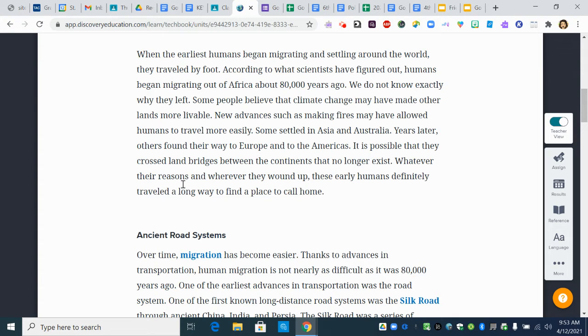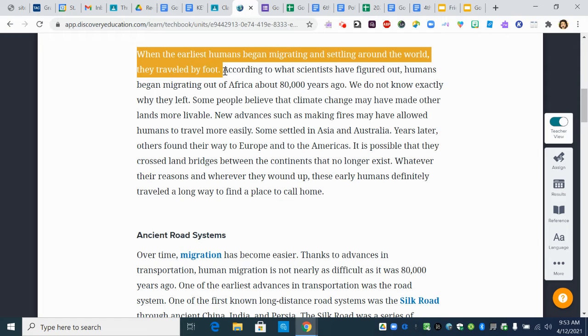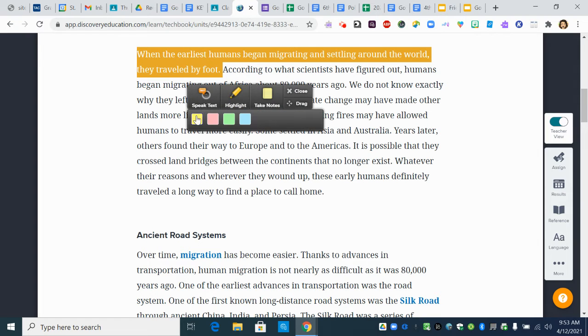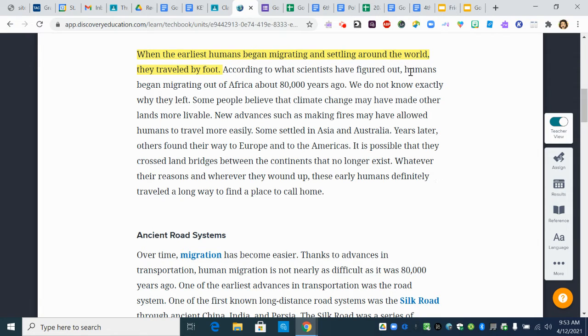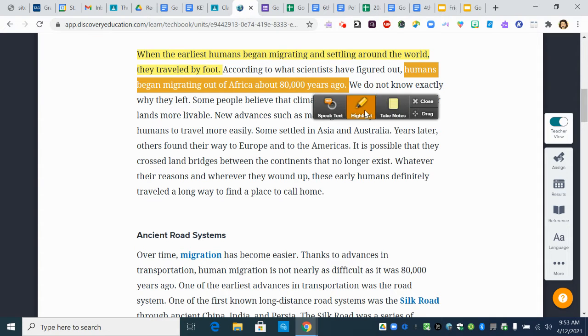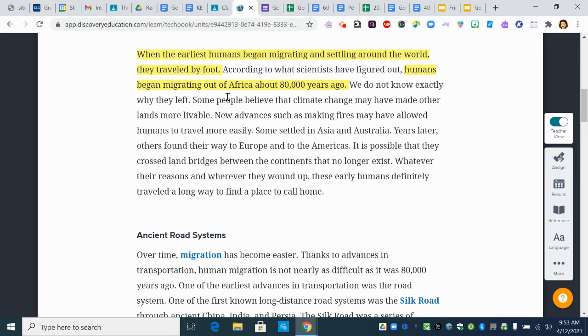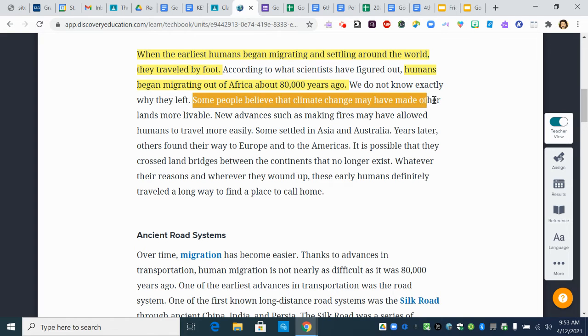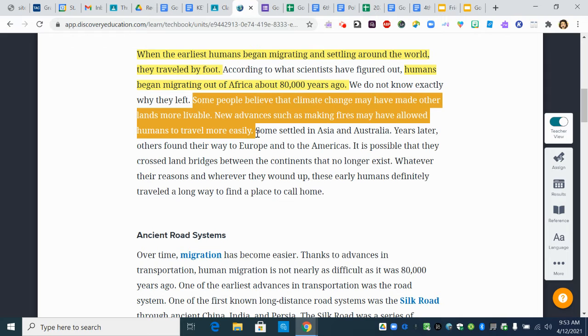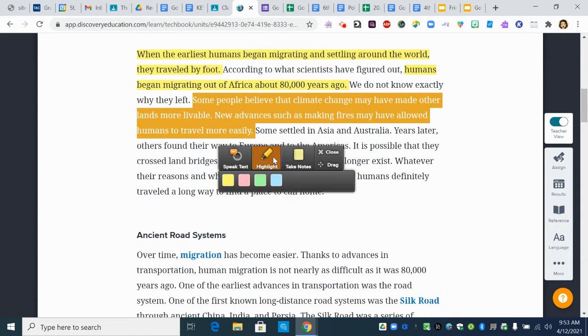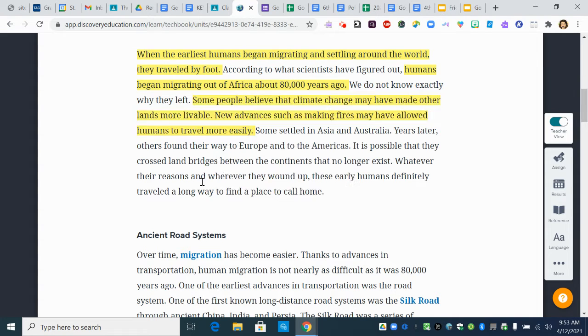So we know that early migration was by foot. We know human migration started about 80,000 years ago. We believe climate change may have been one of the reasons for migration, and making fires made it easier for humans to travel.